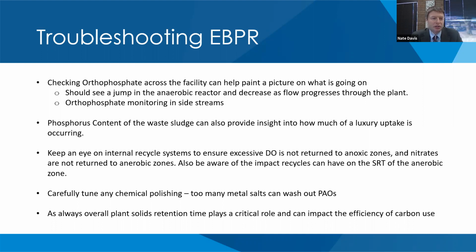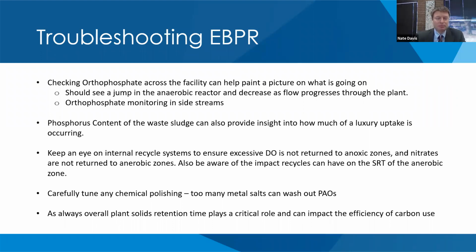Orthophosphate's also a good measure if you're wanting to take regular samples on your effluent without actually measuring total phosphorus. This is a quick, easy test that you can do to paint a picture of where you're at with your effluent. And it is beneficial for monitoring your side streams to try and catch any slugs that we may be returning from the biosolids processing.